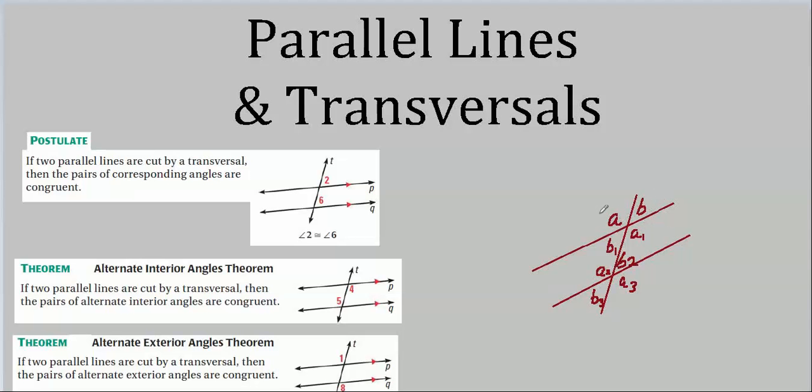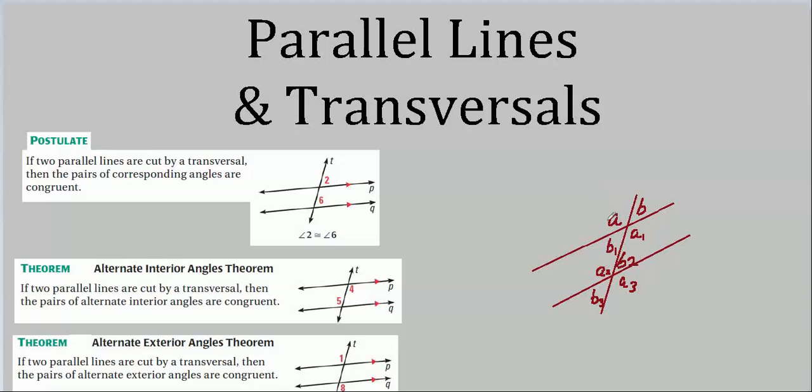If you can't remember alternate interior angles, alternate exterior angles, corresponding angles, and so on, this is an easy way to either remember it or rederive it. Because all you do is make use of the vertical angles here. Boom, boom, boom, boom. And your one postulate, which says that corresponding angles are congruent.